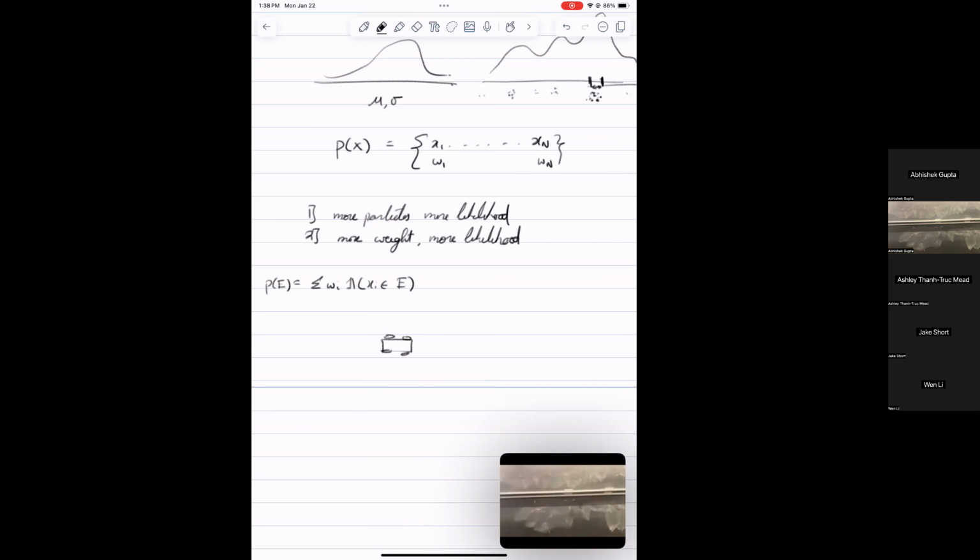And so there's two mechanisms to increase the likelihood. One of them is take an individual particle and increase the weight. Or you could just have more particles in that region, each with some weight. Okay? And so if you think of the probability in a region as the sum of the weights of all the particles in that region, you can increase that likelihood by either having more particles or more weight. Right? Both of them kind of do the same.